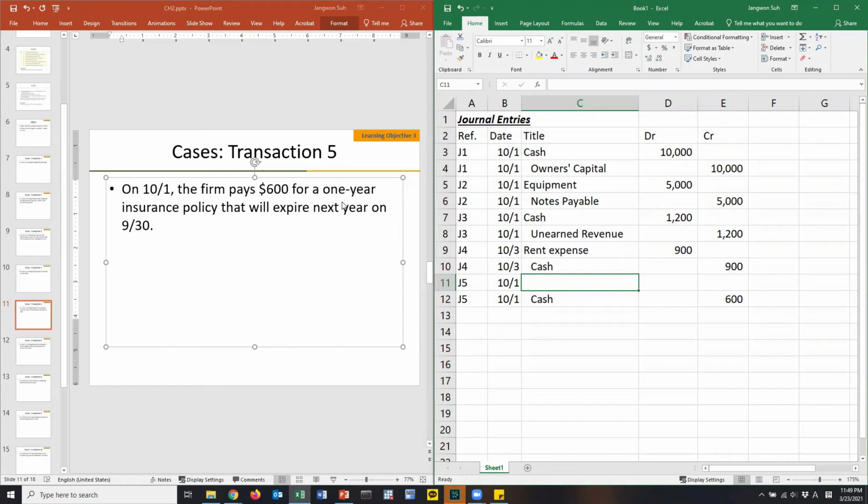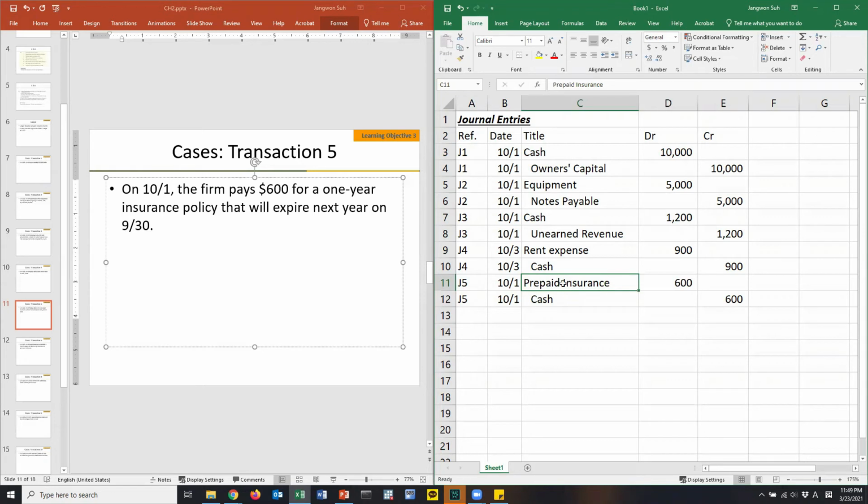Nope, right? You pay out cash because you are entitled to enjoy the insurance policy over the next 1 year. That kind of your right that you will enjoy soon is called prepaid expense or prepaid asset. Specifically, in this case, prepaid insurance. Okay.